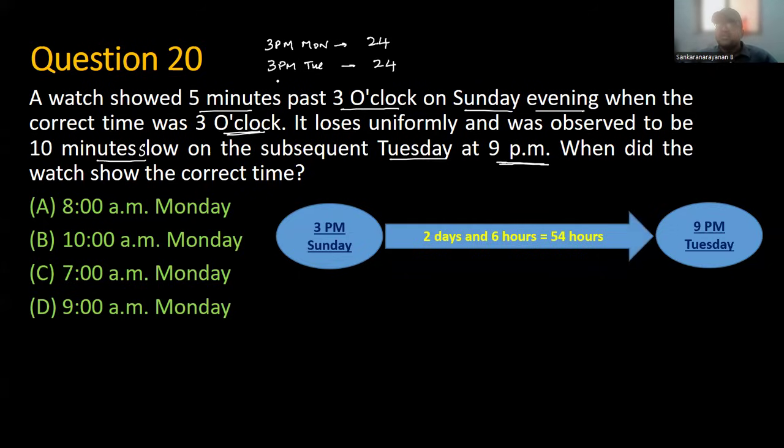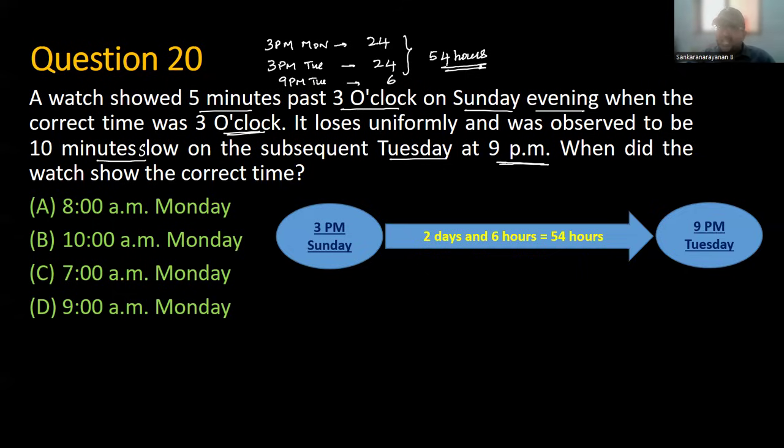From 3 p.m. Tuesday, you have to go to 9 p.m. Tuesday, that is another 6 hours under consideration. So all throughout, it is 2 days and 6 hours. 24 plus 24, 48. 48 plus 6, I can say 54 hours under consideration. Got my point? So we are dealing with 3 p.m. Sunday to 9 p.m. Tuesday, 54 hours under consideration.